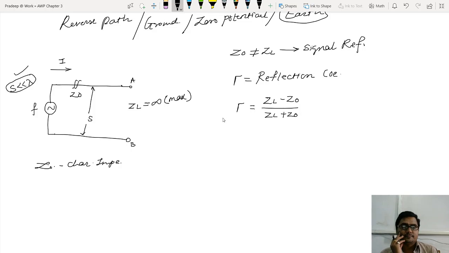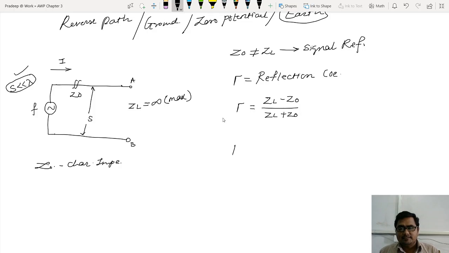Now, I want to find the value of the reflection coefficient if ZL is infinite. I'm interested in that: when ZL is infinite, what will be the reflection? Because I want to reach the antenna, I have started with the transmission line, and I want to conclude with the antenna. So that's why I'm doing this.